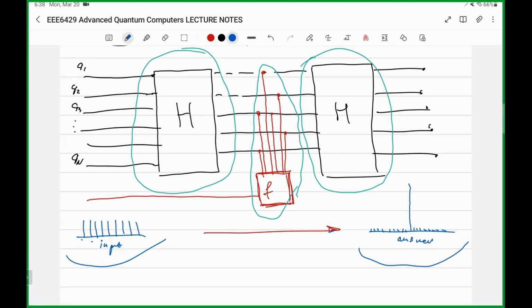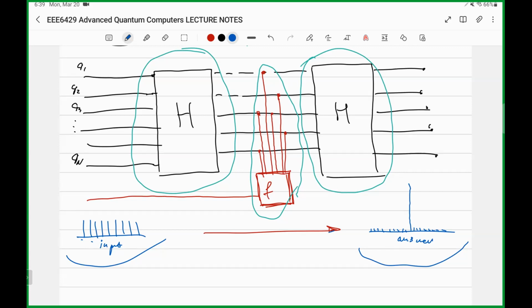No, so what do you mean? Your input is, typically, these input qubits all in the zero state. This is just one realization, because typically when you turn on the computer, initially all input qubits are prepared in the zero states.